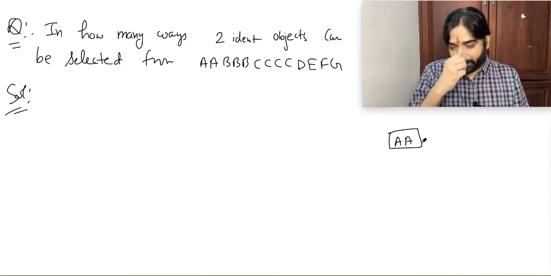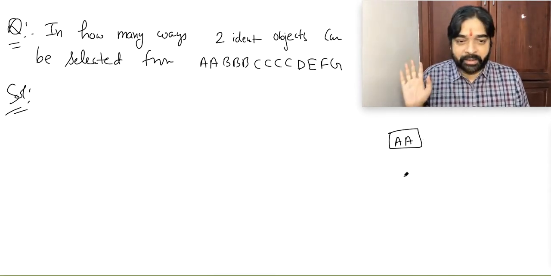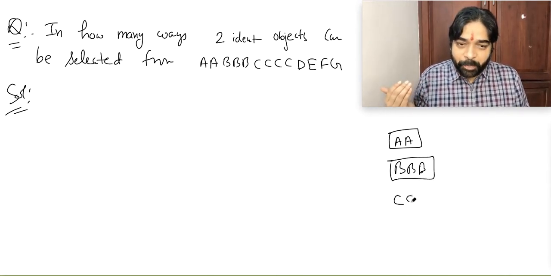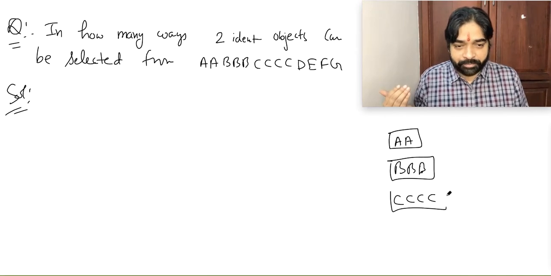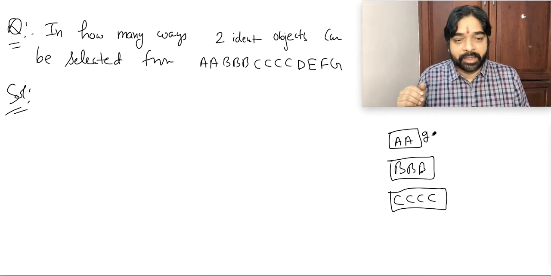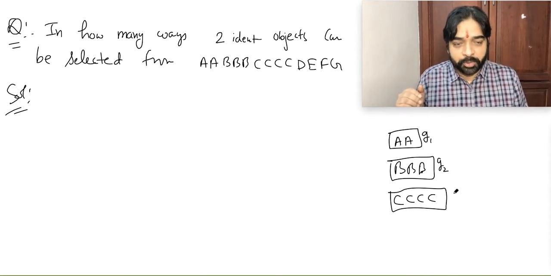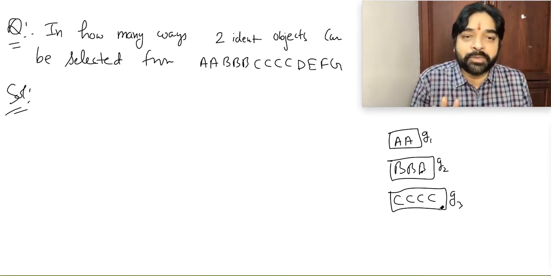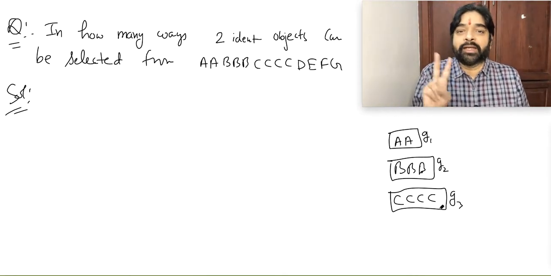Group 1: yes, it can give you 2 identical. B group also can give you 2 identical. And C group also can give you 2 identical. I am not calling them objects. Let's call them group 1, group 2, group 3. All these 3 groups are sufficient to provide 2 identical objects.